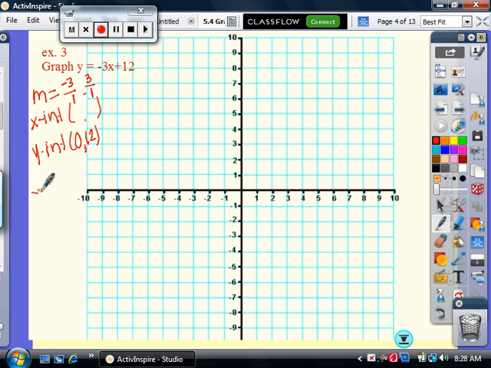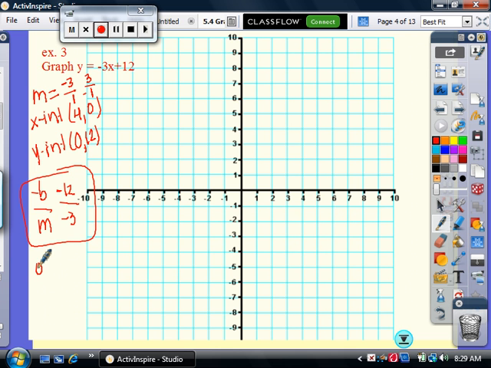And my x-intercept is the opposite of b divided by m. B is a positive 12, so the opposite of that is a negative 12. M is -3. Negative 12 divided by -3 is 4. Now remember, this is just a shortcut.